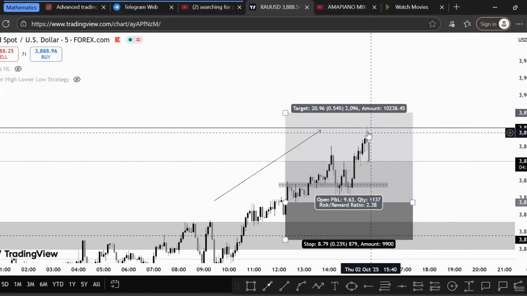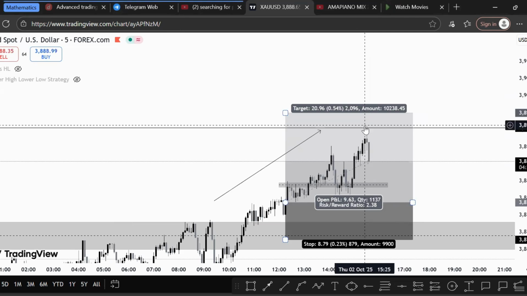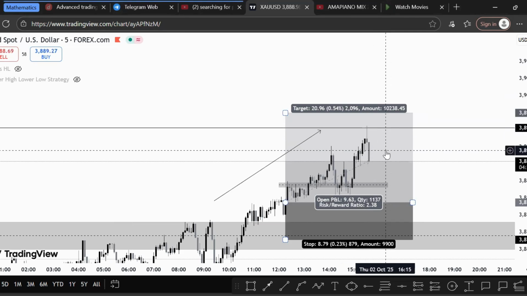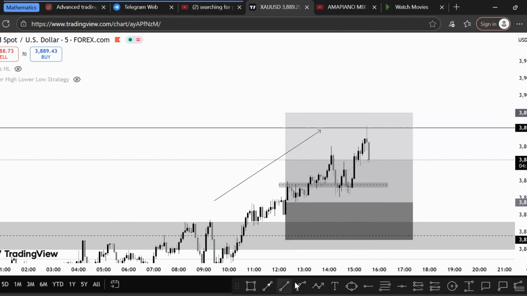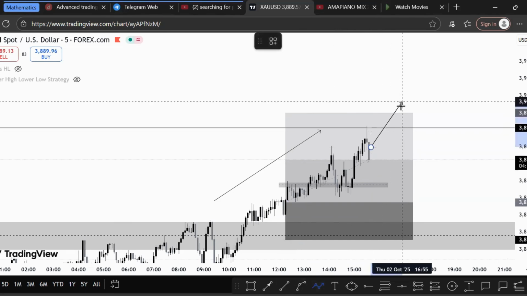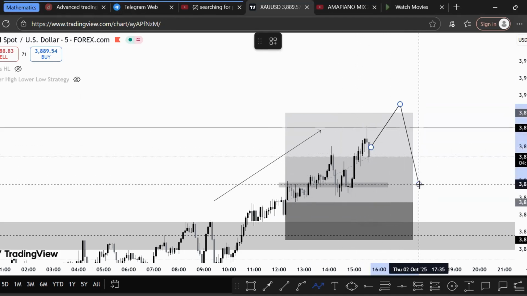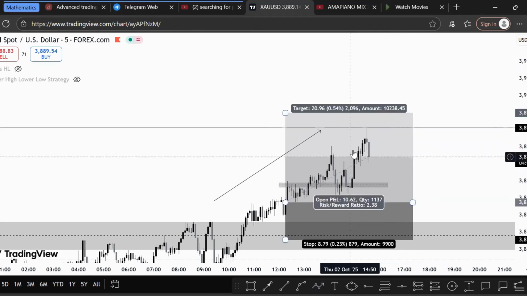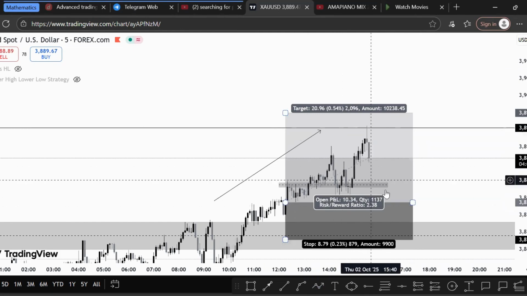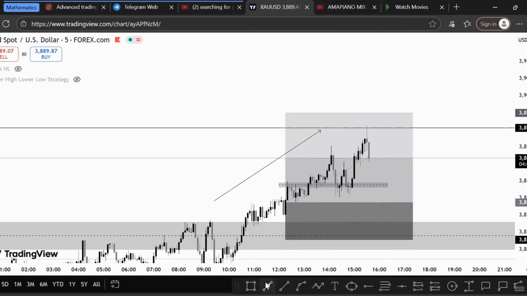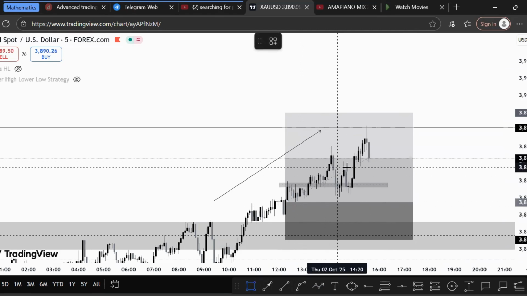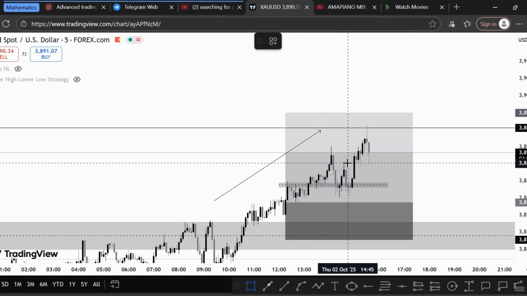I could have easily closed out. It's still fine, because as much as you are aiming for TP to hit, it might not even hit. It might just continue to shoot back down. You understand? But I've already adjusted my stop loss. I'm above a level where I'm comfortable with taking those profits.